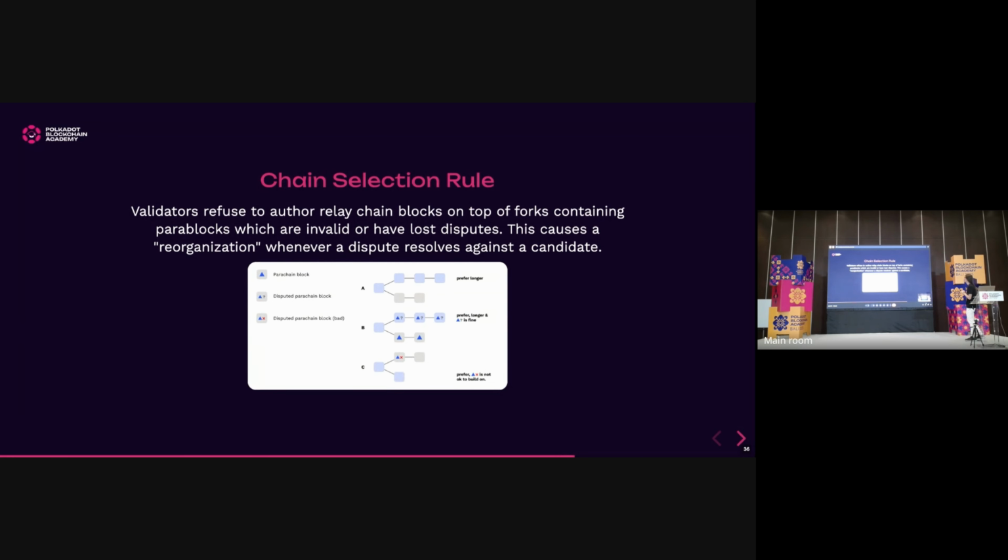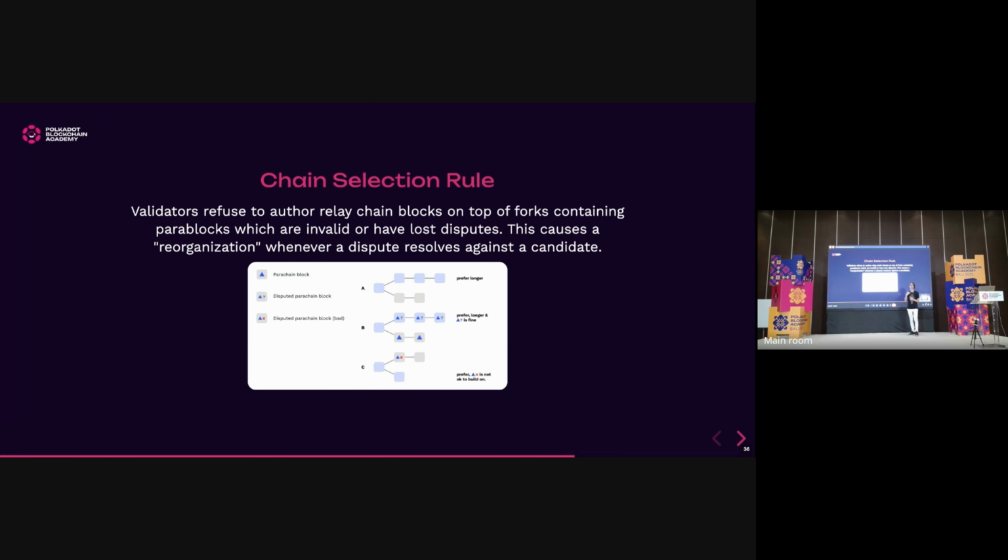And the extra comments on the chain selection rule. So there will be more content later about the finality and other stuff. But when it comes to building on top, from the relay chain perspective, when it comes to building new relay chain blocks, every validator observes what is the state of approval checking.